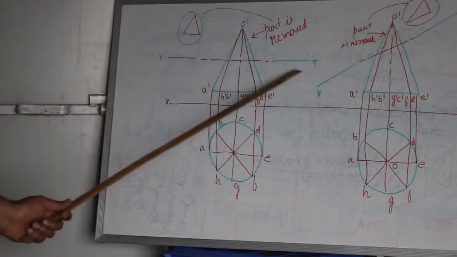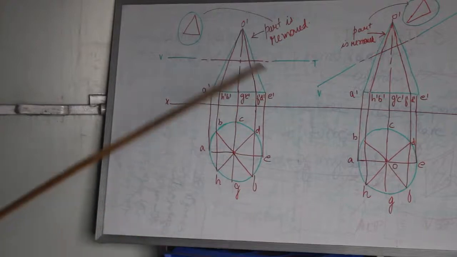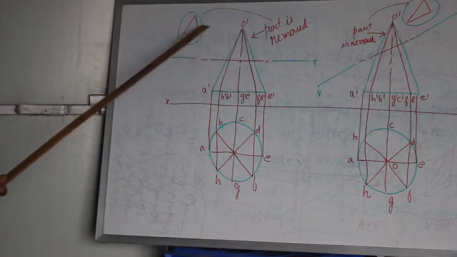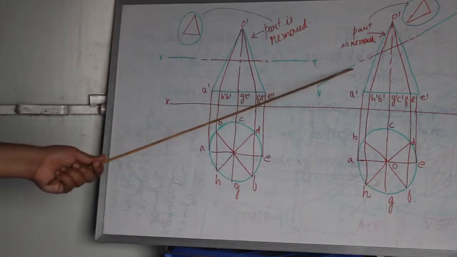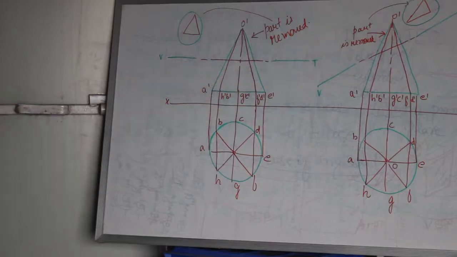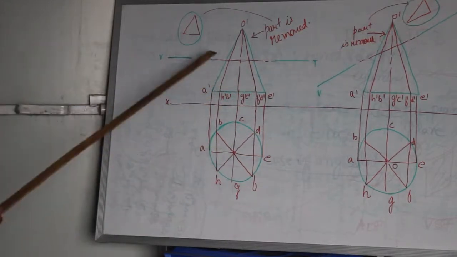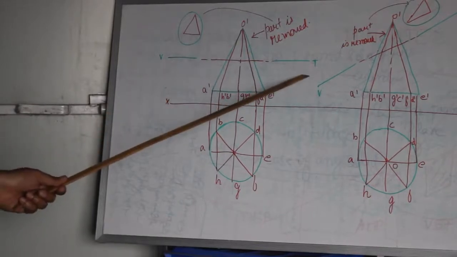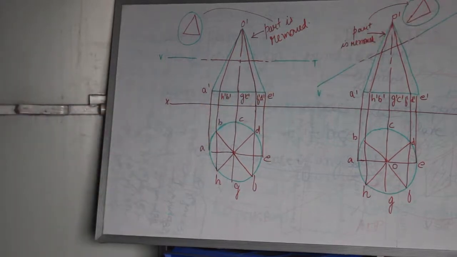This vertical trace is generated because, I'm repeating it again, the surface of the cutting plane is perpendicular to the vertical plane. So vertical trace is generated. So this type of cutting plane will be represented by its vertical trace. This type of cutting plane is also represented by its vertical trace.